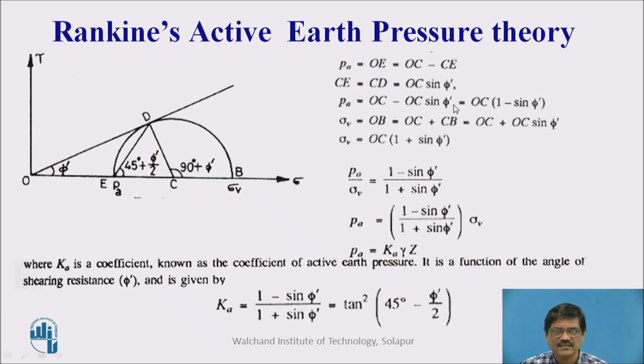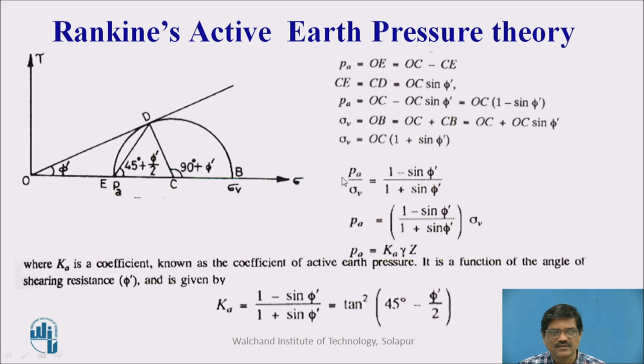A simplified process is given here with the help of this Mohr circle. Ultimately we can see the Pa upon sigma V, this is the ratio we are interested in. Pa is the horizontal pressure and sigma V is the vertical pressure, and after substituting these values and simplifying, I get the equation 1 minus sin phi upon 1 plus sin phi.